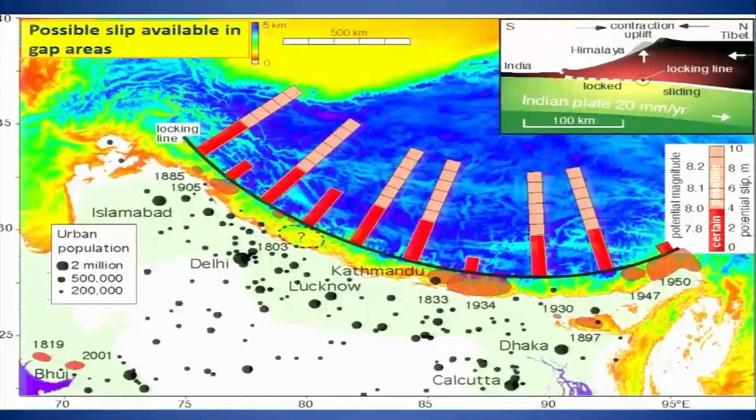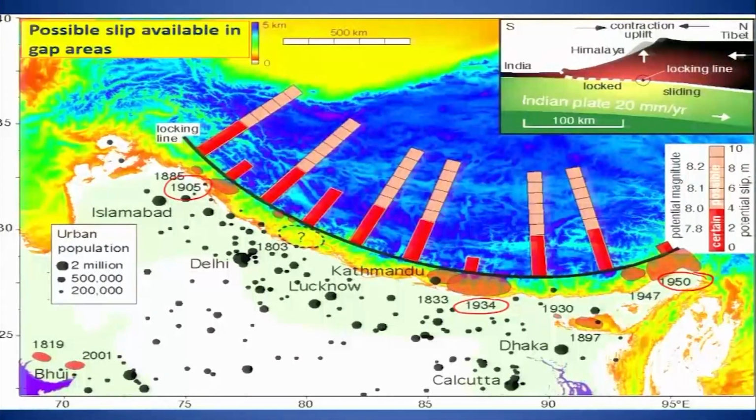And during major earthquakes like 1905, 1934, 1950, the available strain or the potential slip was consumed. But in some areas which are falling in between these earthquakes, for example 1905 and 1934, the area still is capable of hosting a large magnitude earthquake.